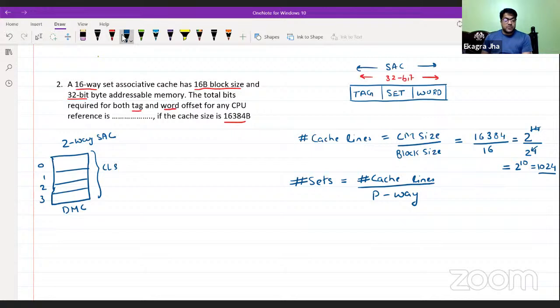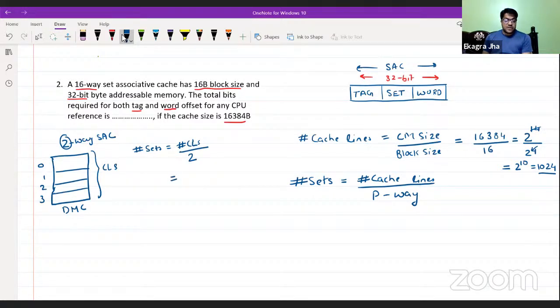So all you need to do is the number of cache lines divided by this P way. This is what we call P way. This P way is actually 2 in the given example.